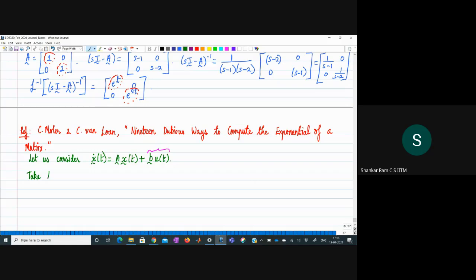What we do is take the Laplace transform on both sides of this equation.